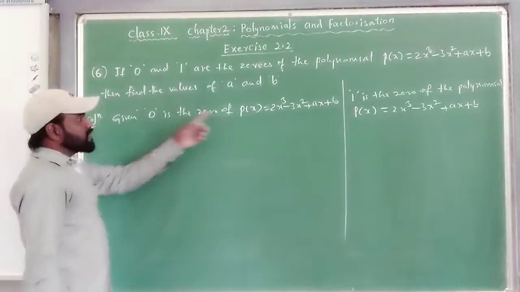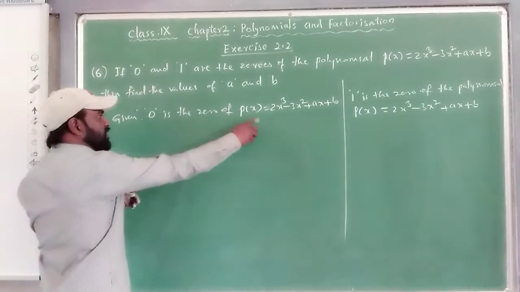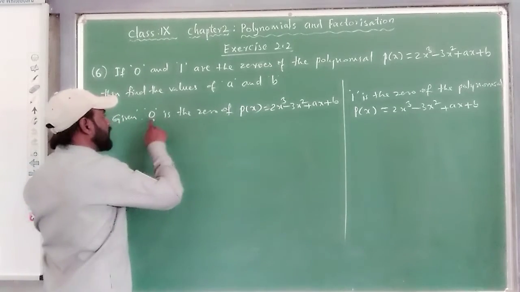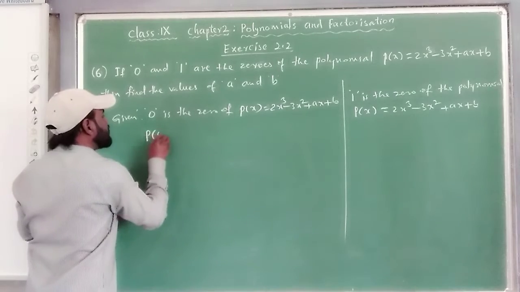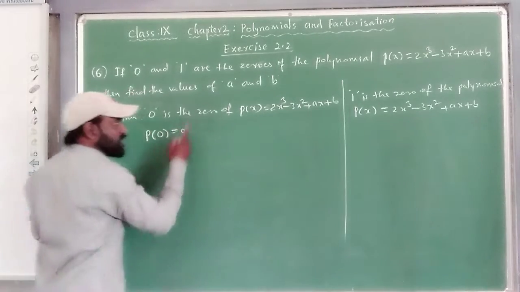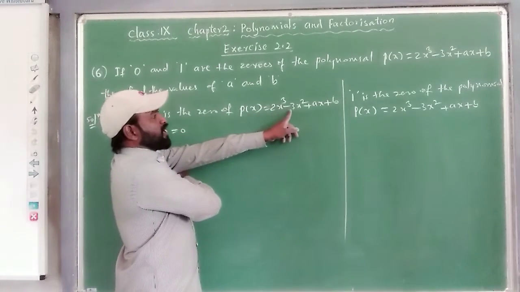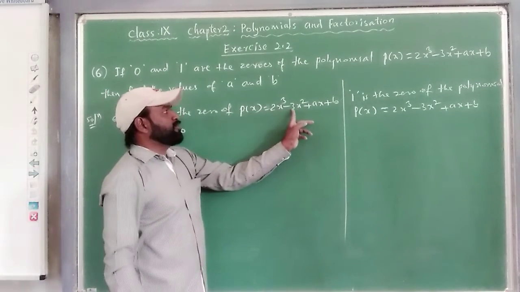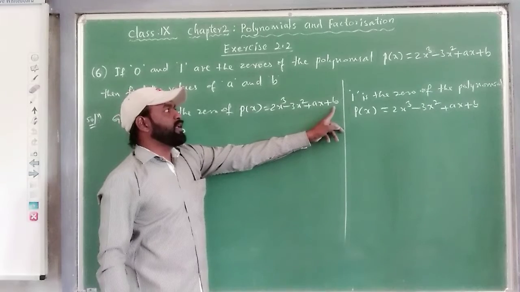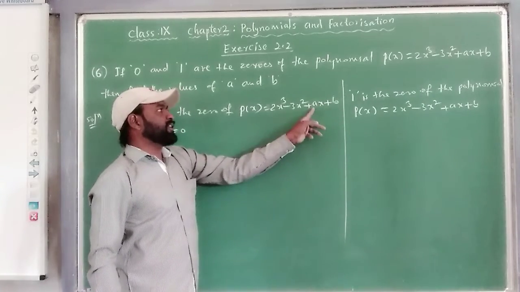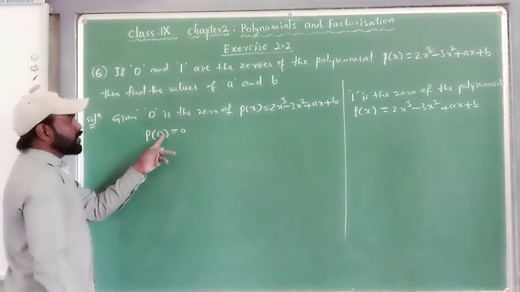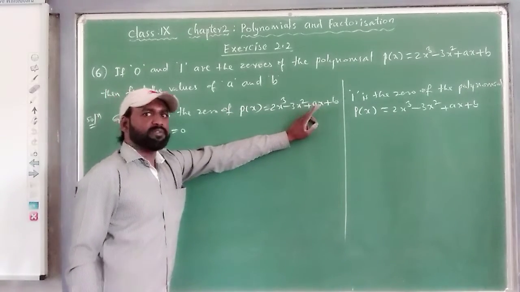So 0 is a zero of the polynomial p of x. That means in place of the variable x, we have to keep 0. That means p of 0 is equal to 0. This is the first thing. So p of 0 means wherever in the polynomial 2x cube minus 3x square plus ax plus b, in all the places of x, we have to substitute 0, so that the entire polynomial value becomes 0.